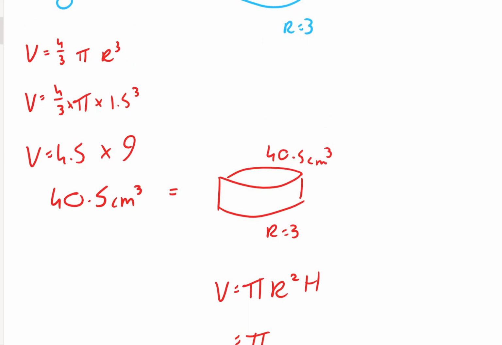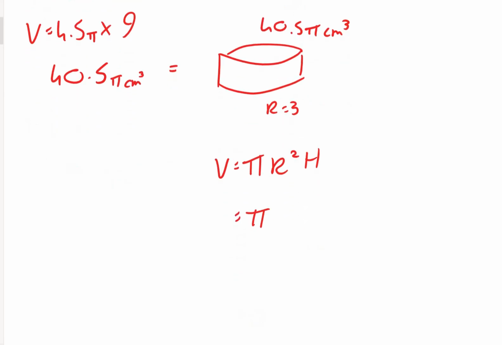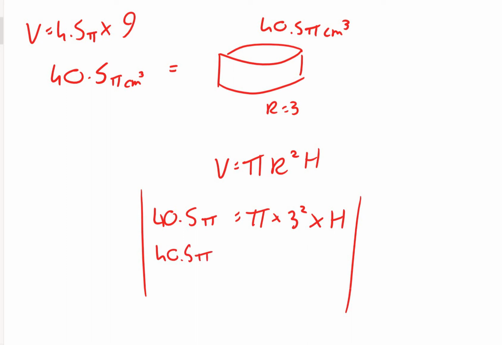Oh, sorry. One mistake here I've made. Forgot the pi. I've left my answer in terms of pi. So this is 40.5 pi centimeters cubed. So the volume is 40.5 pi and that equals pi multiplied by the radius squared, which is 3 squared, multiplied by the h. 40.5 pi equals pi multiplied by, sorry, 3 squared is 9, equals h.